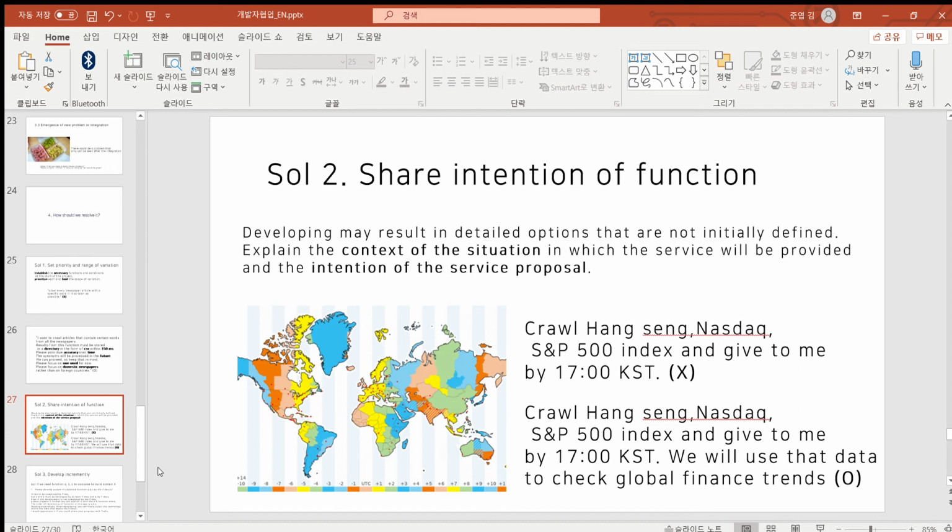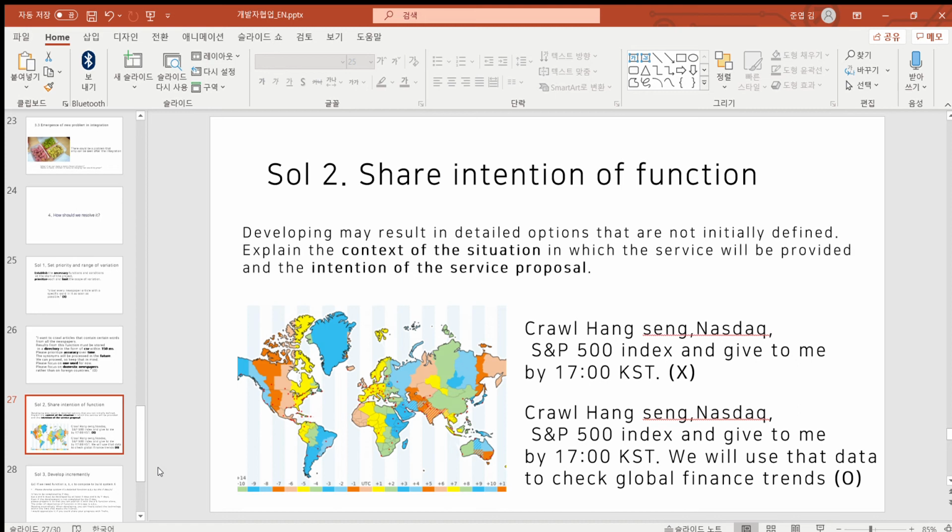So you have to give instructions like this: crawl Hang Seng, Nasdaq, S&P 500 index and give it to me by 5 p.m., because we will use that data to check the global finance trends.